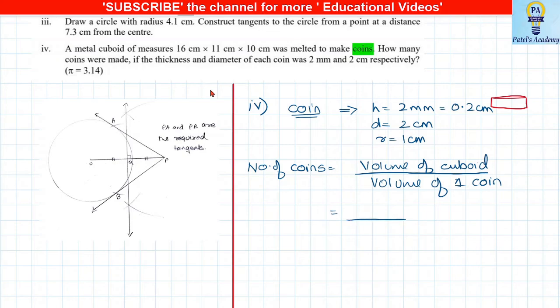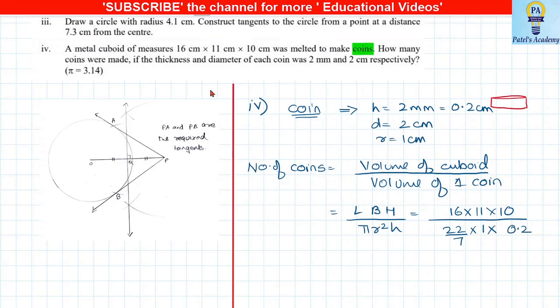First let me write down the formula. Volume of cuboid is L into B into H. The coin is in the form of a cylinder, so the formula is going to be pi r square h. Okay, so let us substitute the values. 16 into 11 into 10. Pi is 22 by 7. Radius is 1. 1 square is 1 only, so I'll just write down 1 only once, and this is 0.2.